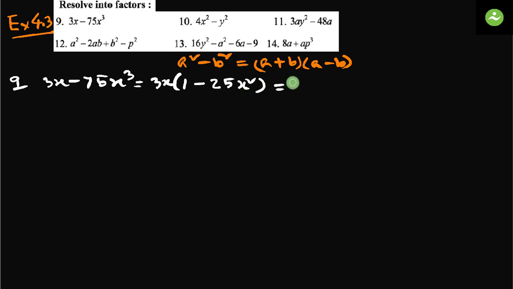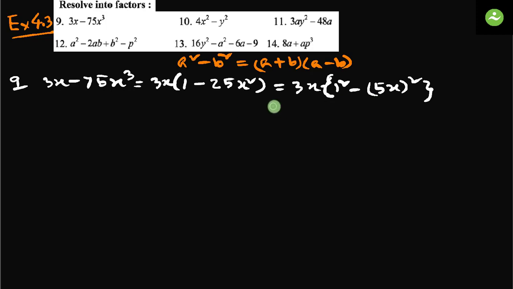Equals 3x into 1 square minus 5x whole square. Why do we write in this form? So that we can apply the formula a square minus b square. Now it is looking like a square minus b square.